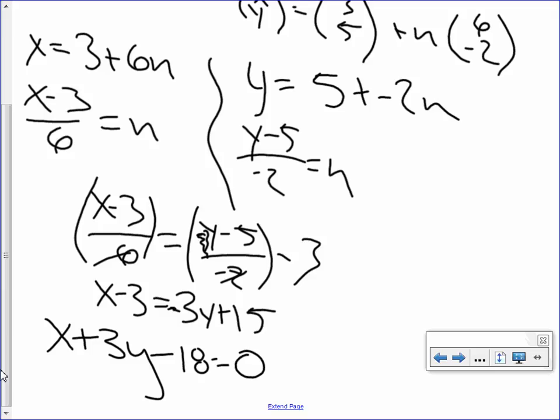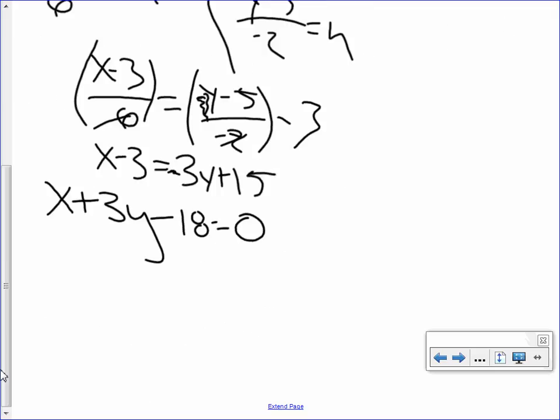When you multiply this side by 6, the 2 divides into the 6, and that's a -3. That's true. And then multiply the -3 to both sides, so -3y plus 15, that's good. X minus 3, so the x is positive. Move the 3y over, and then subtract the 15 over. Now, if you do it cross multiplication, you would get the same thing, you just get bigger numbers.